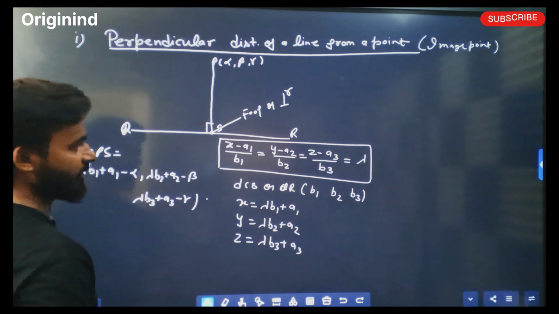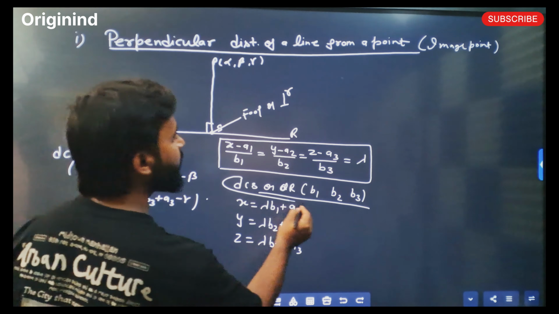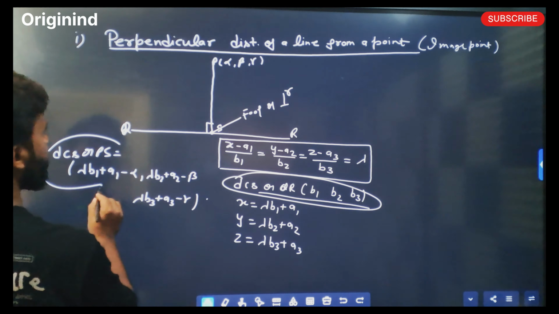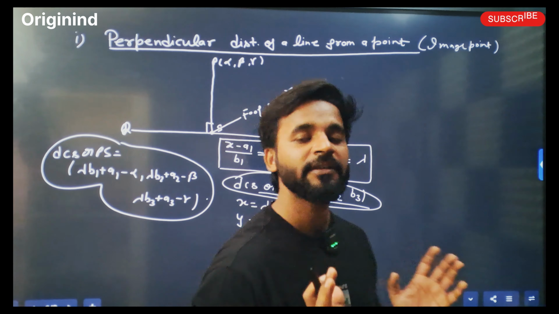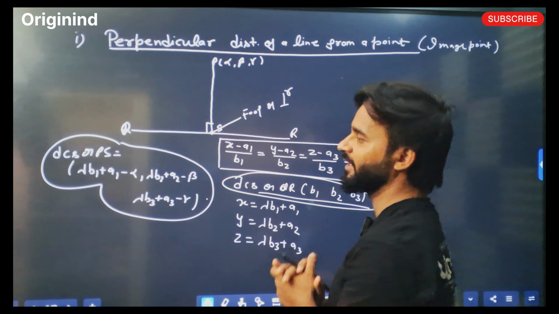These are the direction ratios of PS, and the direction ratios of QR. I hope you understand this point. Clear or not? Now we have a point and we have direction ratios.